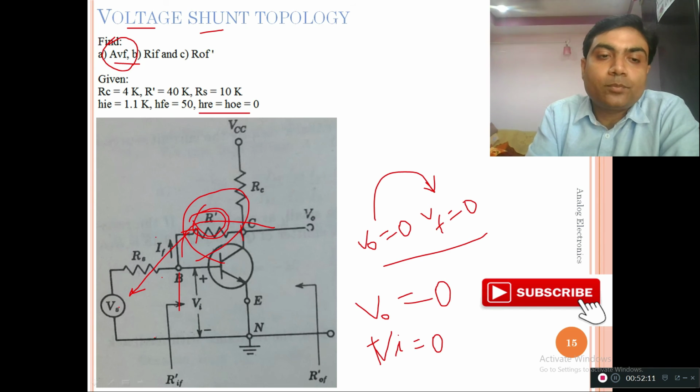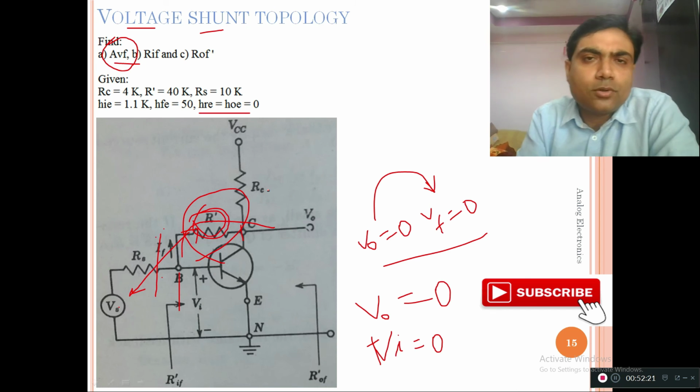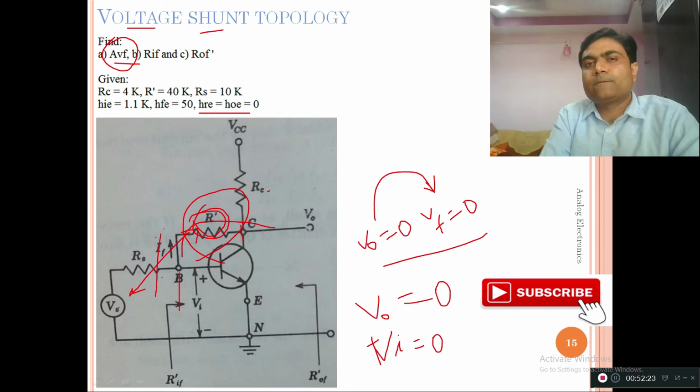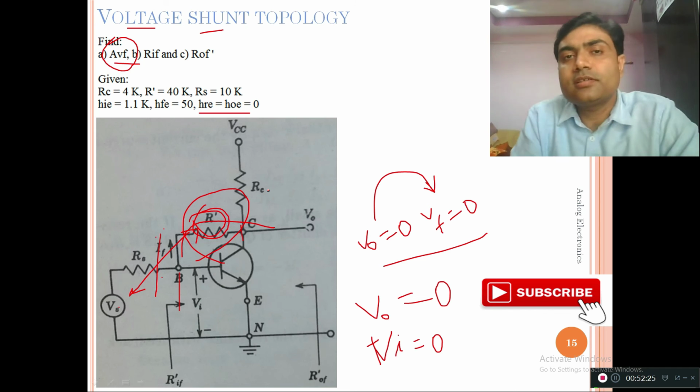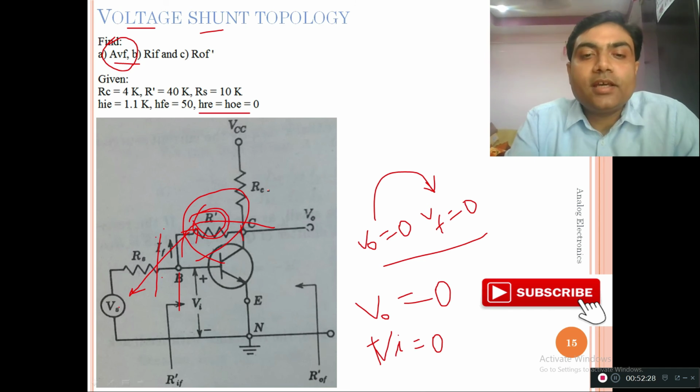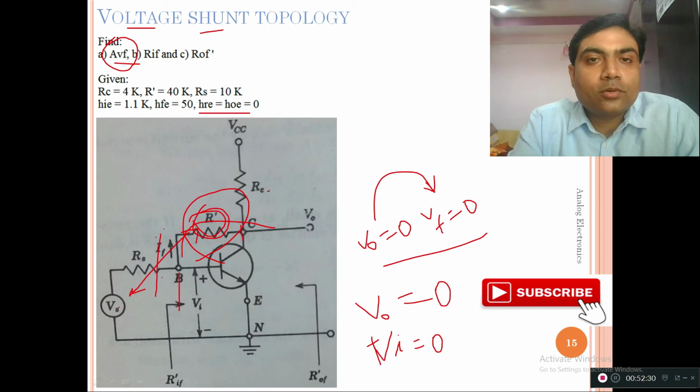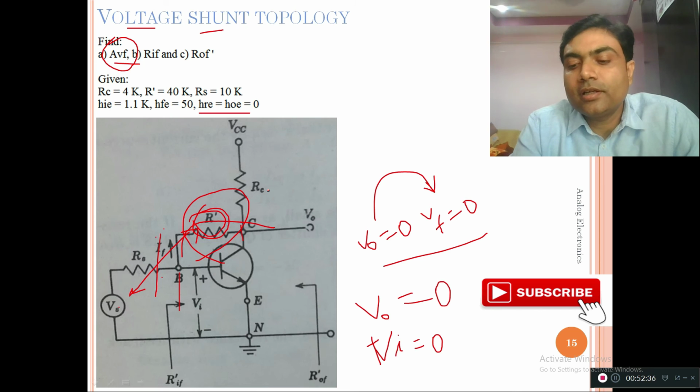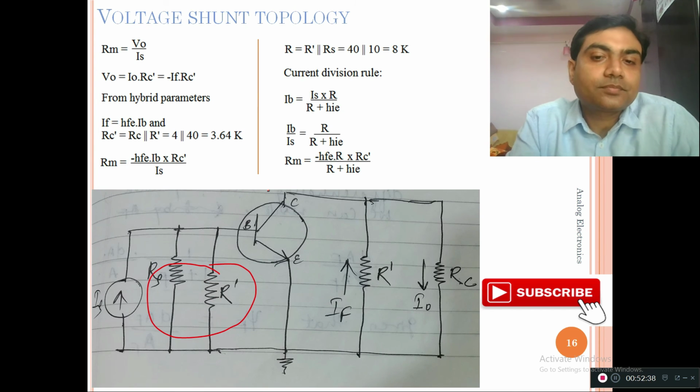So if I short the input node, R dash comes in parallel with RC also, the output load, that is the load resistance. So here, when we make V0 equal to 0 and VI equal to 0, the same R dash is present in the input and output circuitry in parallel form.